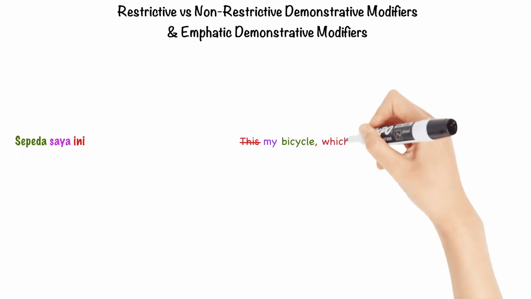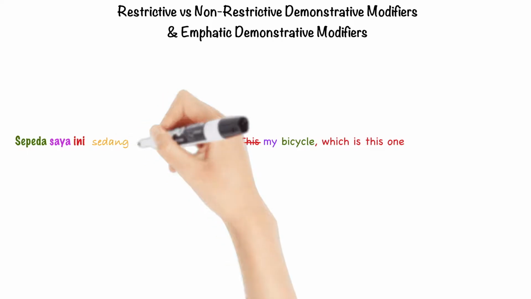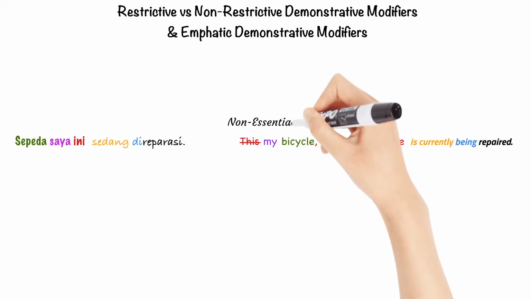So either we omit the demonstrative article completely, or if we still insist, we might translate it as my bicycle, which is this one. In a sentence, sepeda saya ini sedang direparasi. My bicycle, which is this one, is being repaired. As you see, that this here is informative only and not essential.